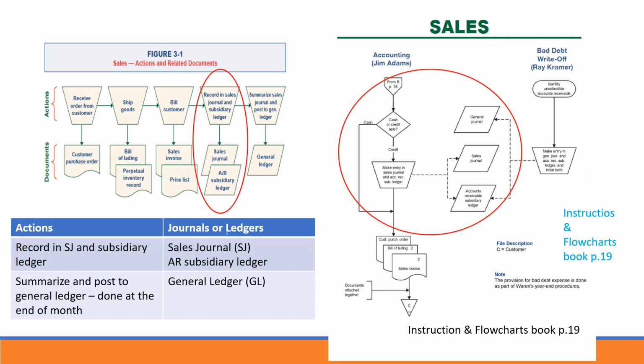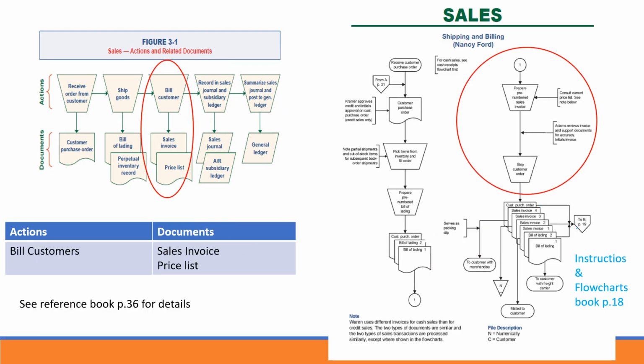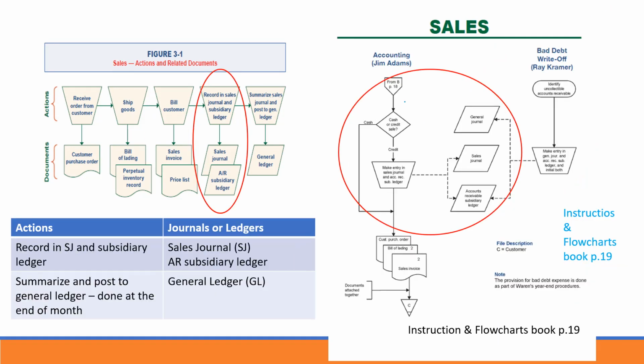You can see here it says to be page 19, because this page you cannot see is page 18. Okay, this picture is page 18 of your instruction and flow chart book, and that goes to page 19, which is this page here.